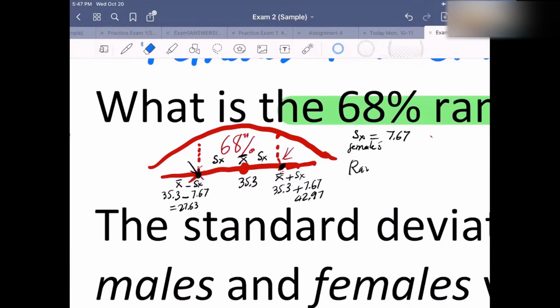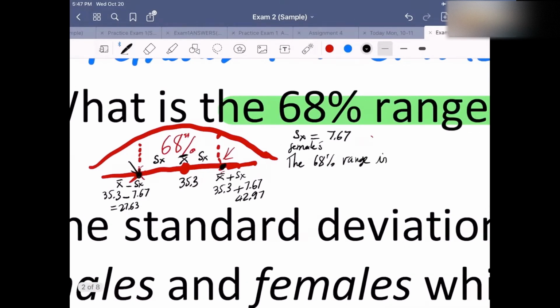All right, so the range would be, or you can also say that the 68% range is from 27.63 to 42.97 points, right?